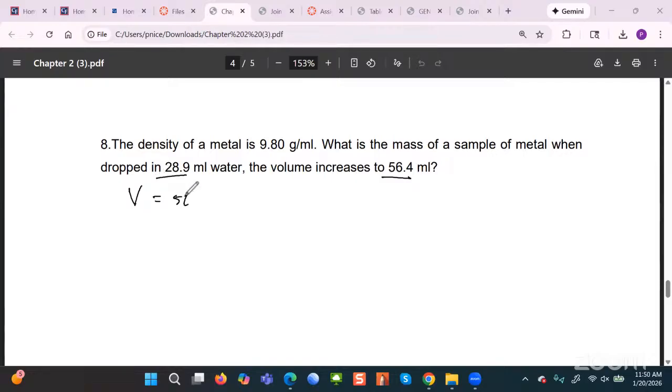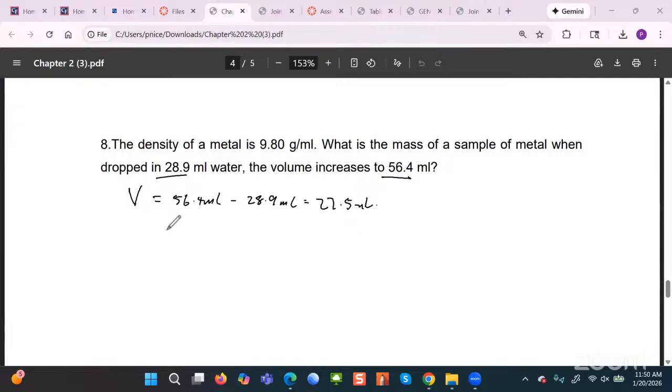So 56.4 mils minus 28.9 mils gives you 27.5 liters. And that would be the volume of the object, right?